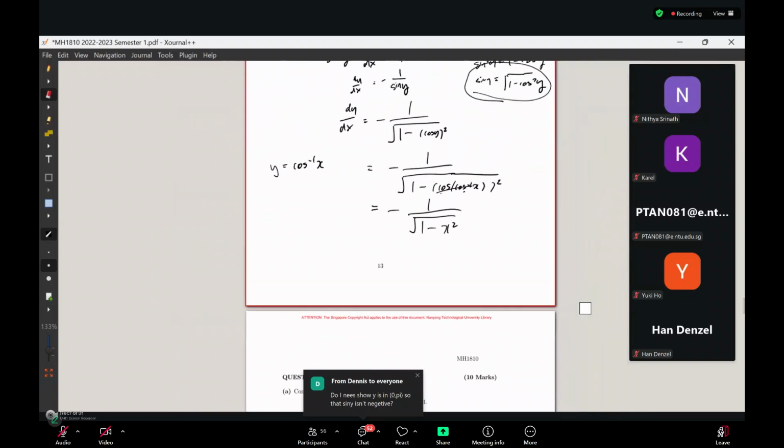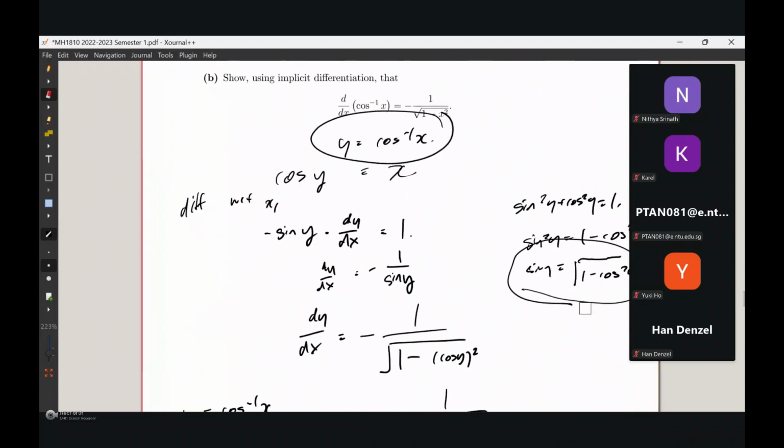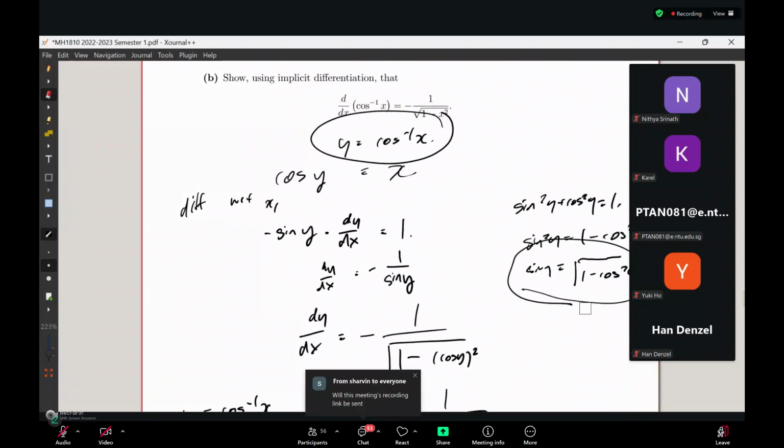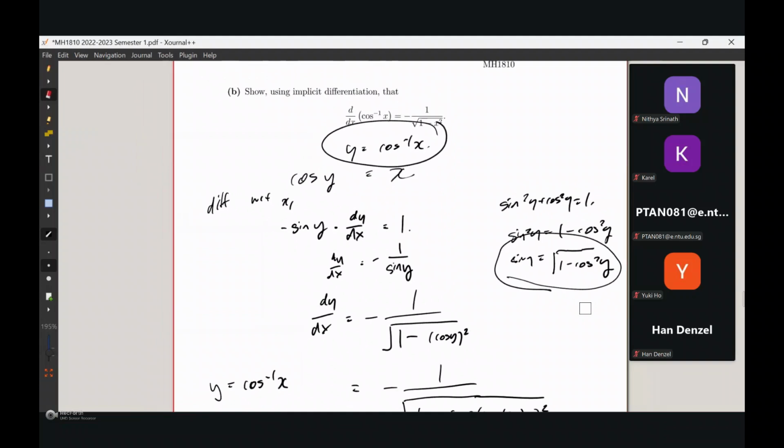We got 1 more question here. Do I need to show y is in 0 to pi? Y is in 0 to pi so that sine y isn't negative. Like when converting sine y, sine y equals the square root of 1 minus cosine to the power of 2.